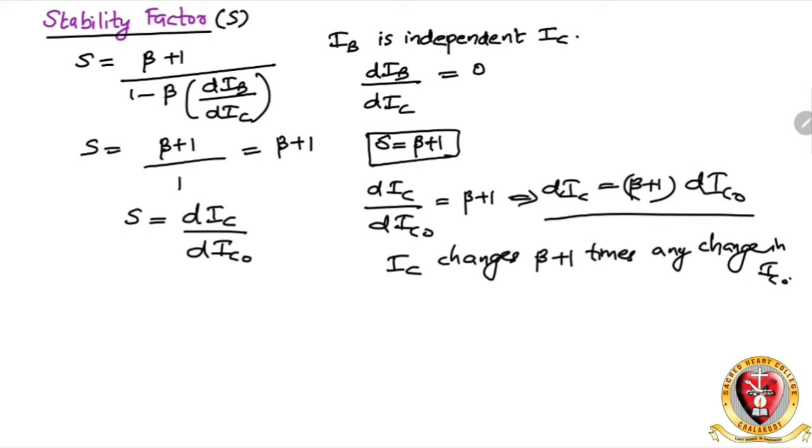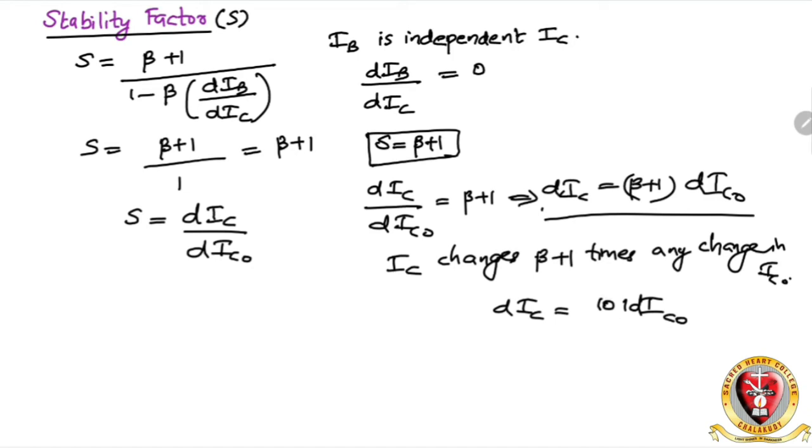It simply means that if beta value is 100, then beta plus 1 is 101. That means dIC is equal to 101 times dICO, if beta value is 100.